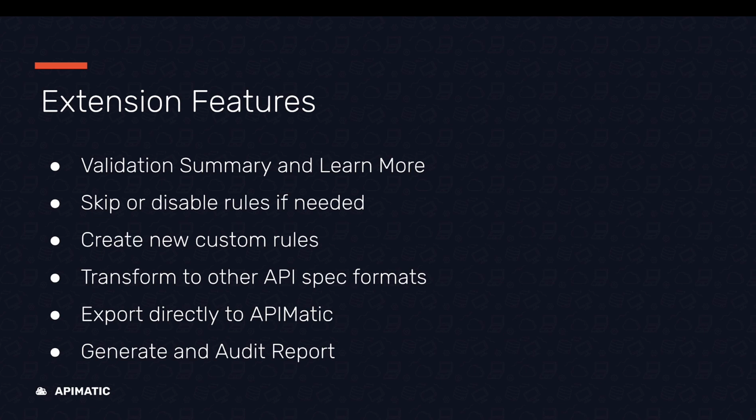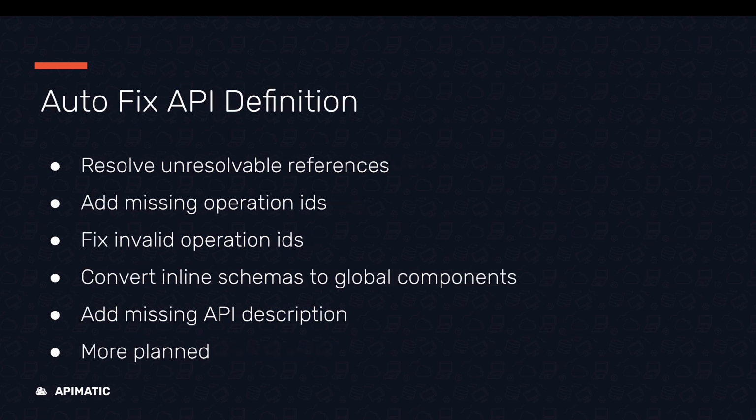And also, the autofix that I showed, right now it autofixes 5 specific things like missing operation IDs or invalid operation IDs. It also grabs those inline schemas and puts them into global components and adds missing API descriptions. So there's lots of fixes.